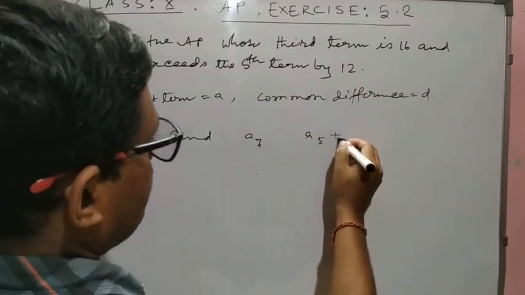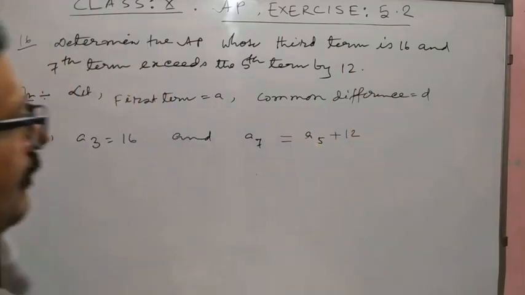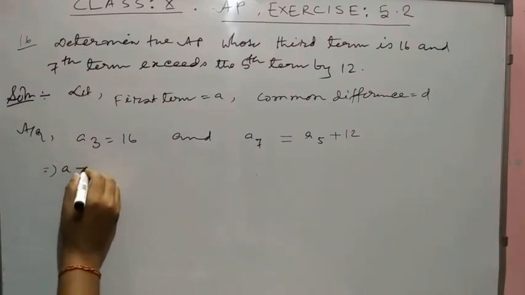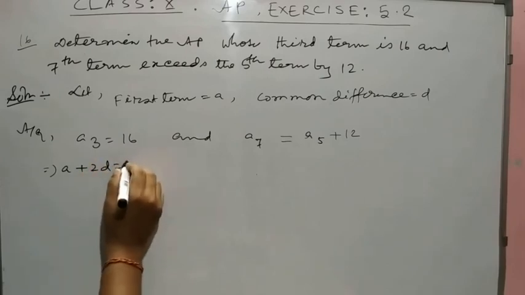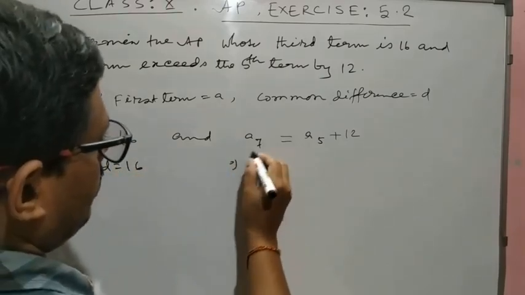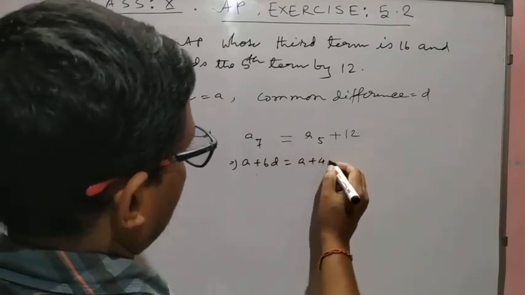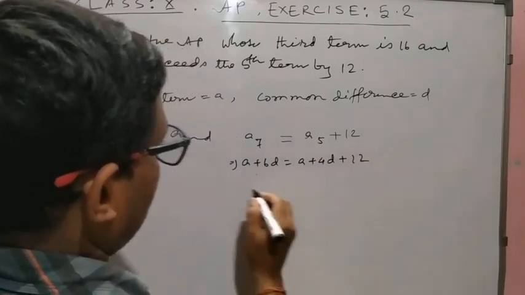So here it is less; let us add 12 here, and it will be equal. So we can write a plus 2d for the third term, a plus 6d for the 7th term, and a plus 4d plus 12 for the fifth term side.